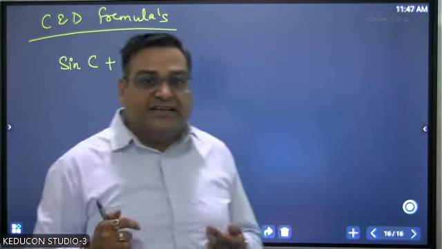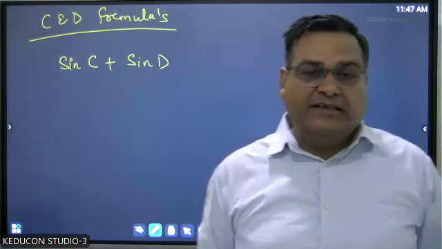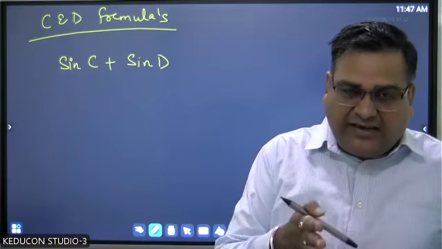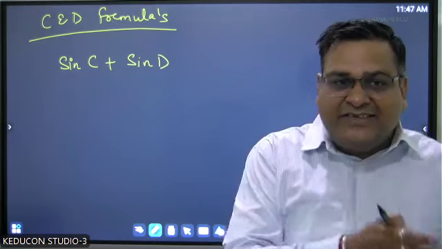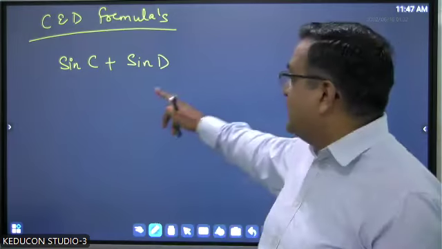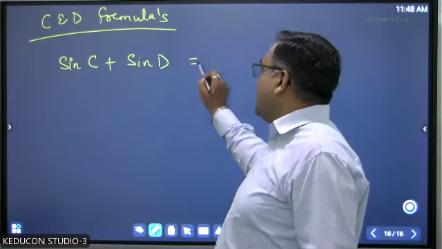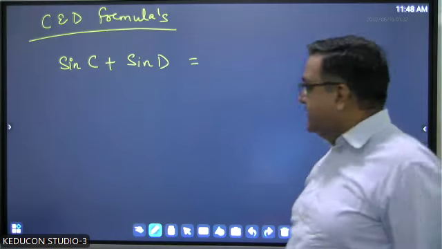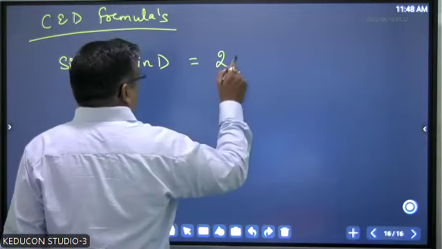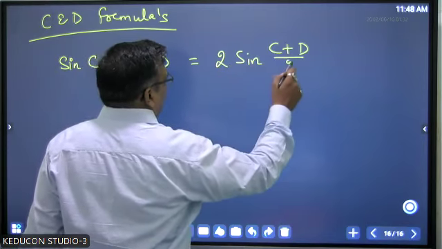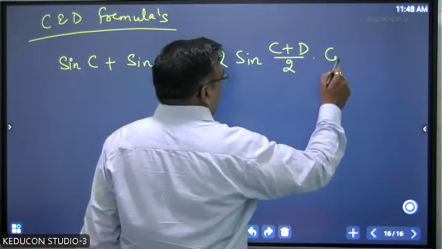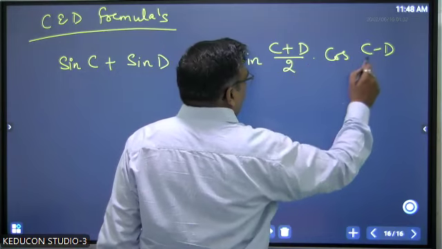Earlier it was sine of A plus B, where you have the sine and two angles combining to sine. But here sine C plus sine D. Both are different things. So the formula for sine C plus sine D is 2 sine C plus D by 2 into cos C minus D by 2.